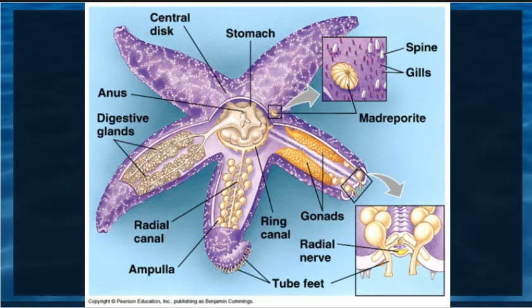Crazy stuff. All right, so here's the outside. We can see the spiny skin here. This is called the madreporite on the top. It helps with the water flow through the system. The tube feet coming through here. You can't really see the mouth. It's under there. The stomach pushes out the other way to do that.